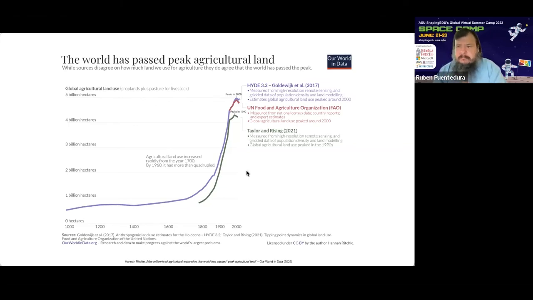You might say, well, we have a certain agricultural production, let's increase the amount of land being used. Thing is, the world has already passed peak agricultural land. And the reason I mention this is because this is one of the easiest ones that people will say, well, okay, let's all plant more wheat. Where? You're already past peak agricultural land.